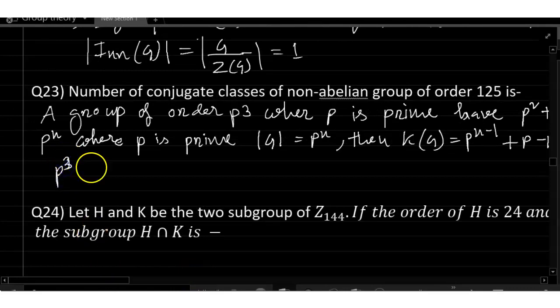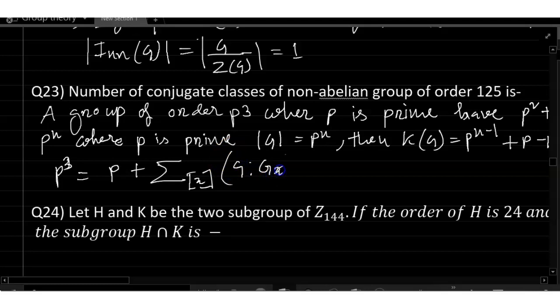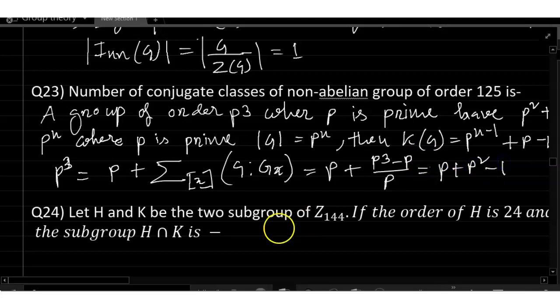P cube is equal to p plus the summation of conjugacy classes, such that the index is p, so it is p plus p cube minus p divided by p, which equals p plus p square minus 1.